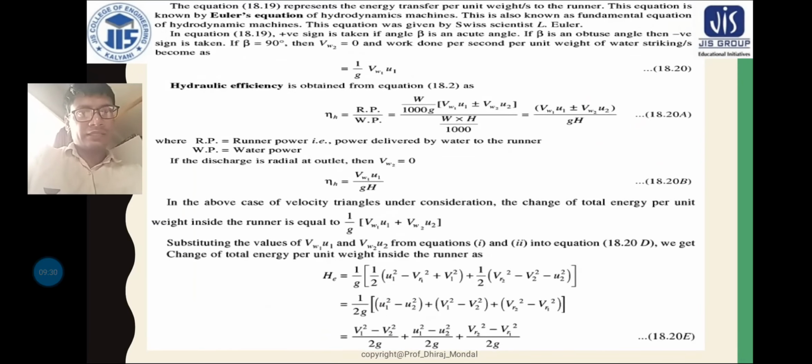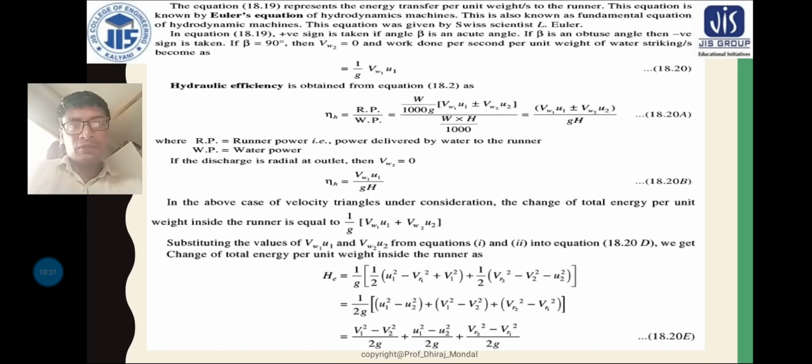If this situation occurs, then the work done per second per unit weight of water striking will be 1 by g Vw1 into u1. So remember one more equation: putting Vw2 as 0, the work done is equal to 1 by g Vw1 into u1.